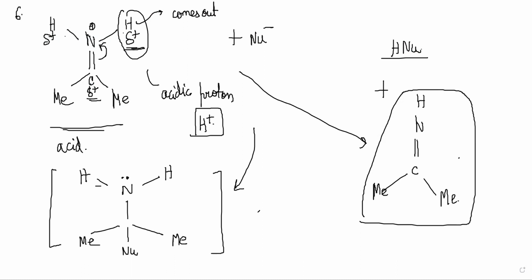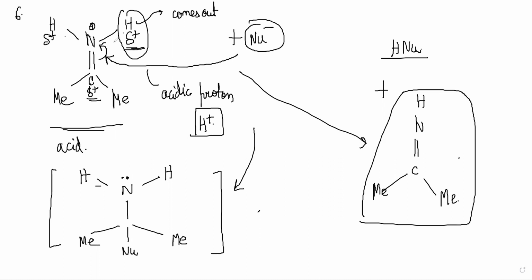See, he's saying we should remind you that most definitely direct attack at nitrogen will not happen, because the final product will then have 5 bonds. A nucleophile cannot directly come at the nitrogen, because if it comes, it will have 5 bonds. That is impossible.